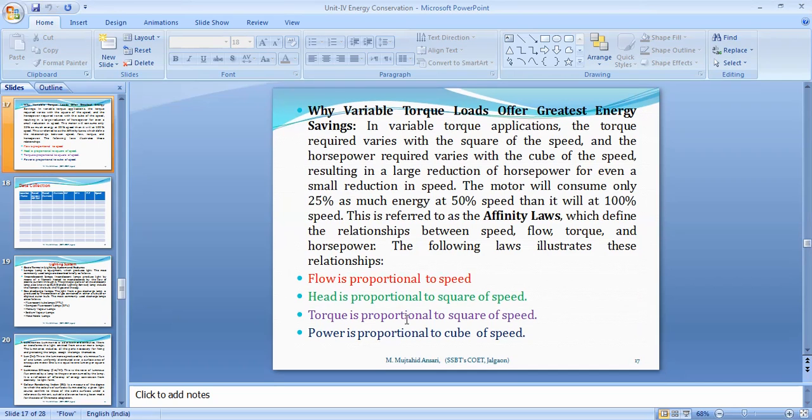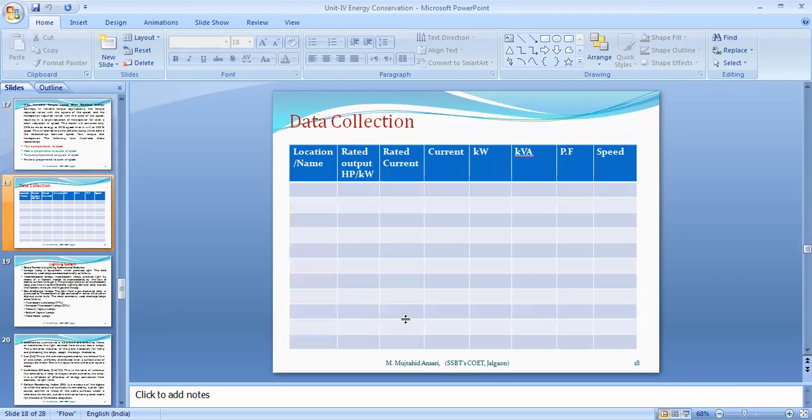Okay. So now this is the data collection. If you are going to collect data for any type of motor, say there are some soap industries, fatty acid plant, water handling, raw material handling, effluent treatment plant, some chemical process plant, production area. So write down the name of the area, compressors, utility section, then cooling towers.